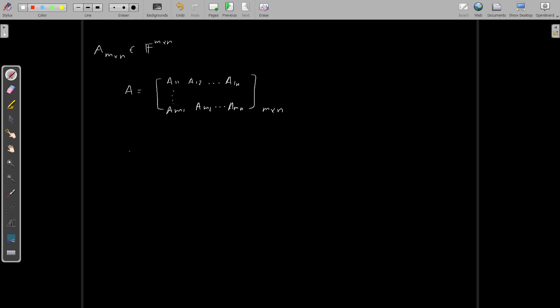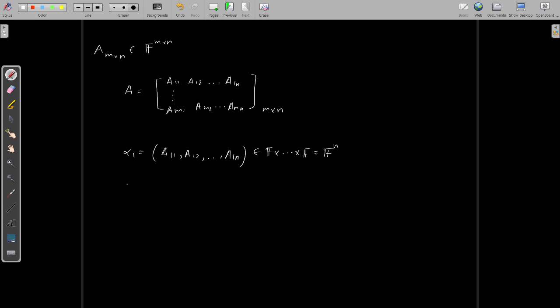Now consider the first row, alpha 1. Alpha 1 is nothing but A11, A12, etc., A1n. Obviously this is an element of F cross etc. cross F, equal to F raised to n. That is an element of Fn.